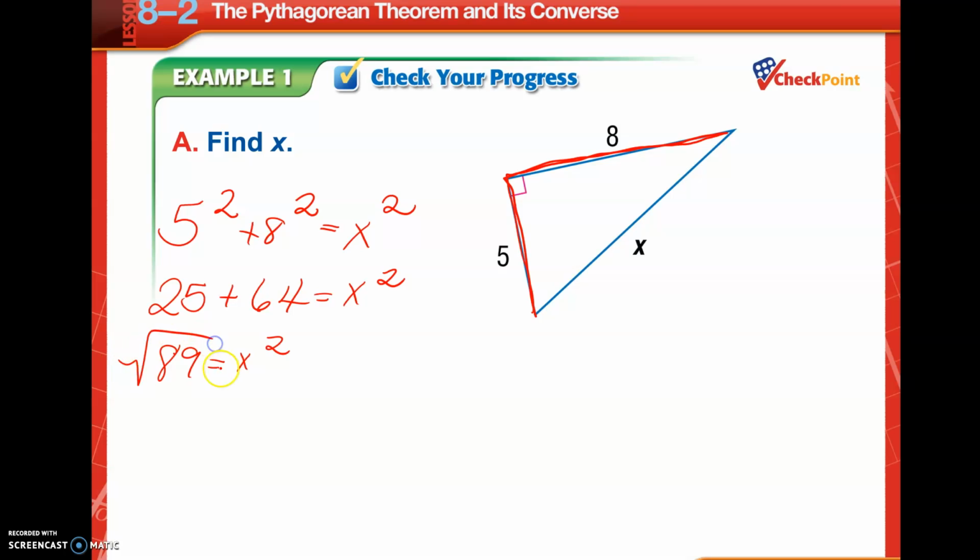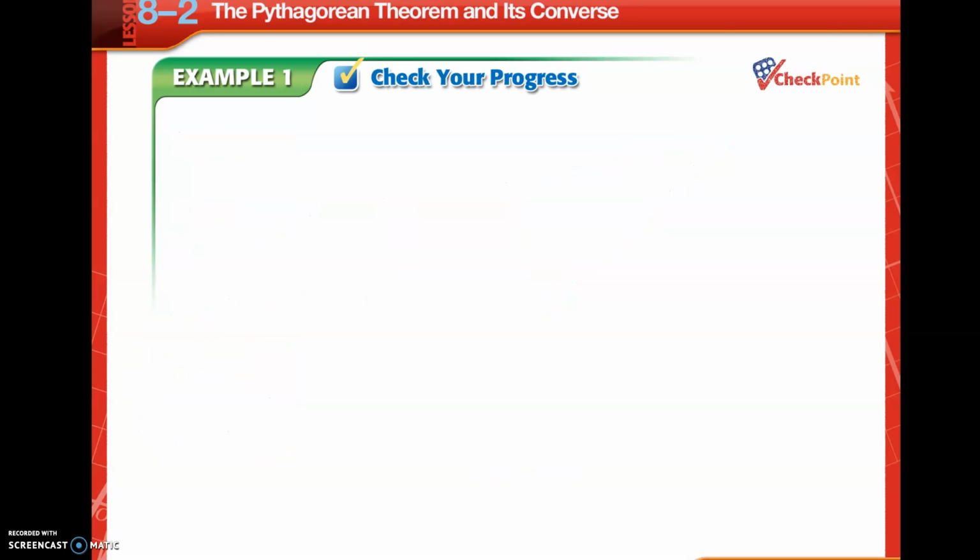Square root both sides to solve for x, because the square root will cancel out the square. So I get 9.4339, so x equals 9.4. We're going to go out one decimal place here on your homework.